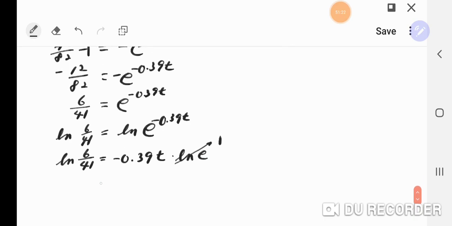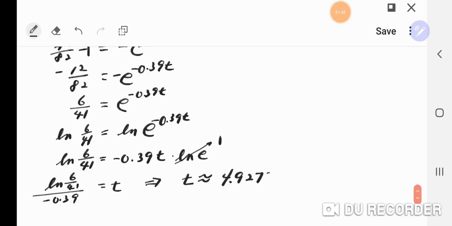So divide each side by negative 0.39. So natural logarithm 6 over 41 divided by negative 0.39. That's the value of t. So t will be approximately equal to, using a calculator, 4.9277246. So after around 5 seconds, the velocity will become 70.